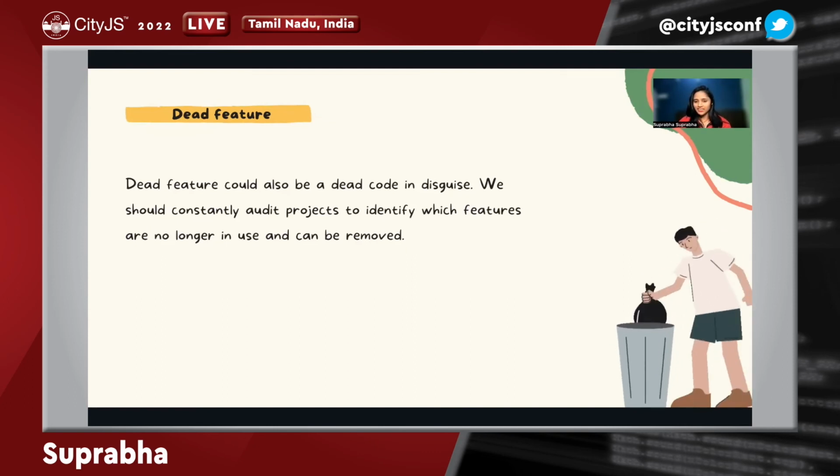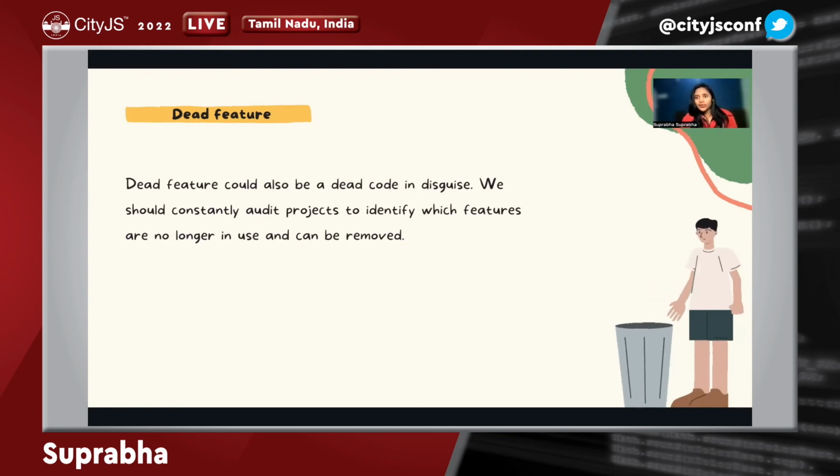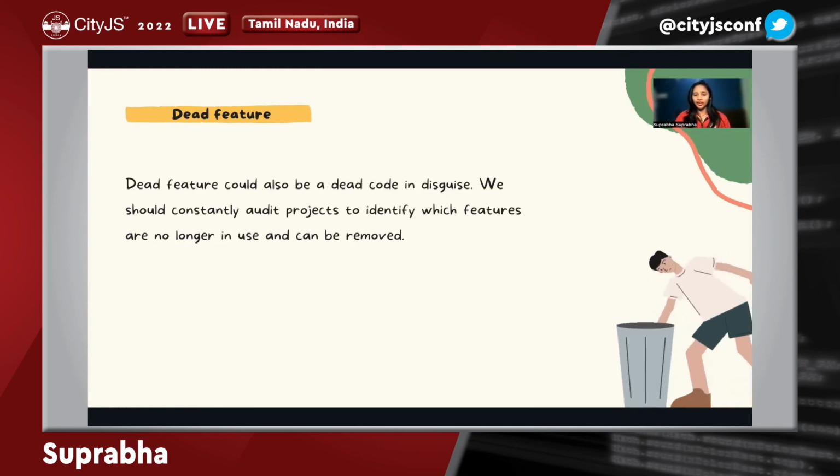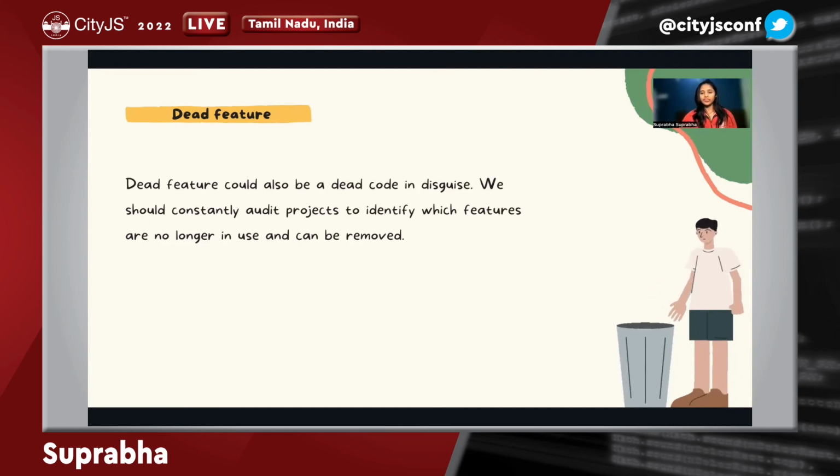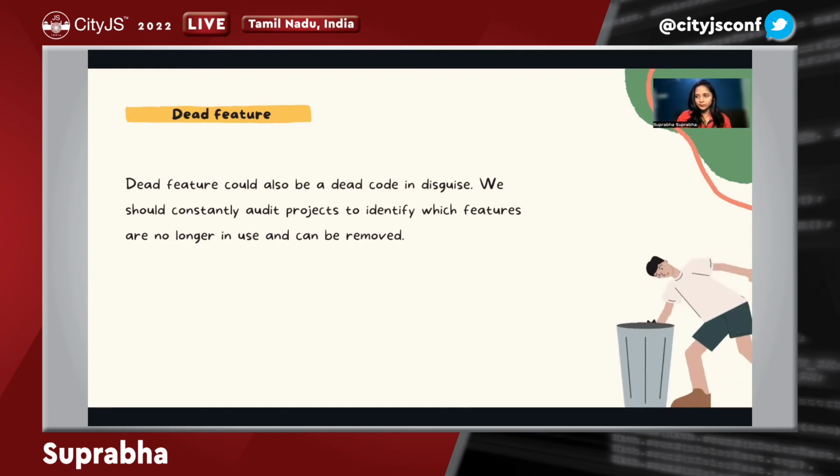That feature, as I said, I was taking as component-wise. Let's say there is a feature which has been removed. You created a component, but this feature is not a priority. It has been deleted from the business point of view, and you also deleted the button, but the code is still existing.